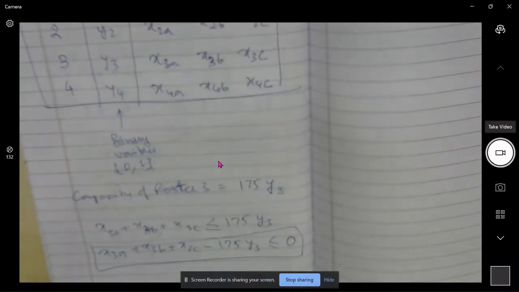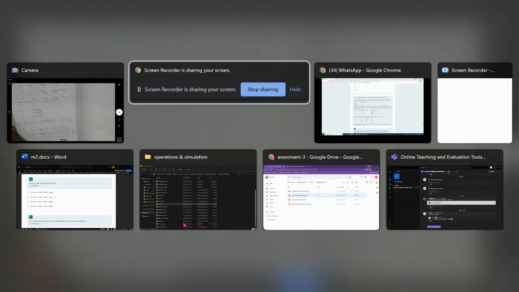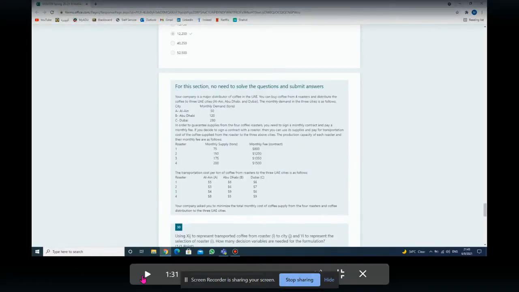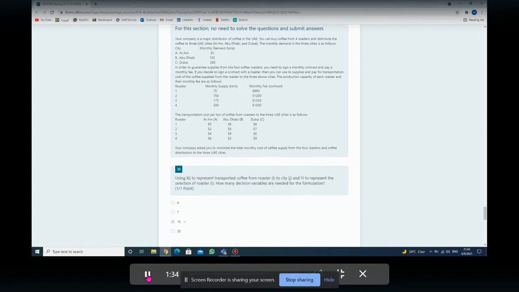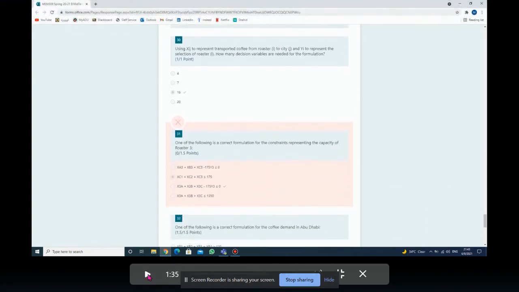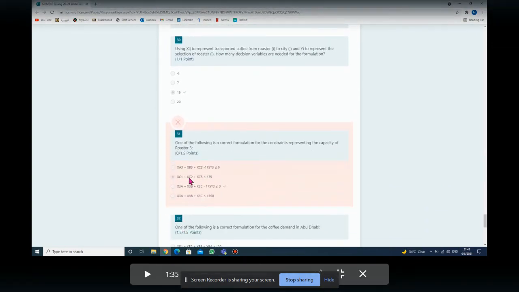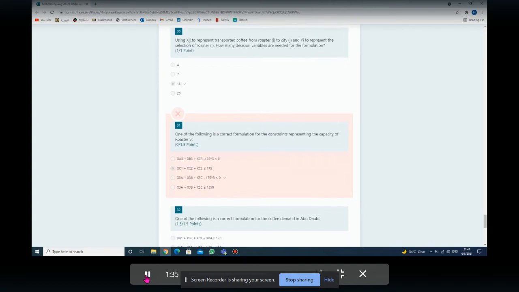So this is the constraint for the capacity of roaster 3. Let's look at the answers. If you look at the third answer, X3A plus X3B plus X3C minus 175 Y3 less than or equal to 0, that is the answer. So the correct answer is the third one. Let's go to the next one.